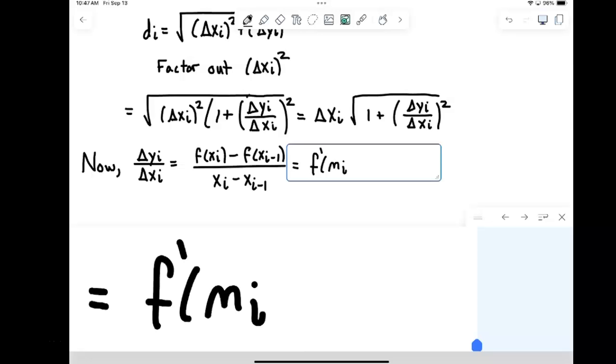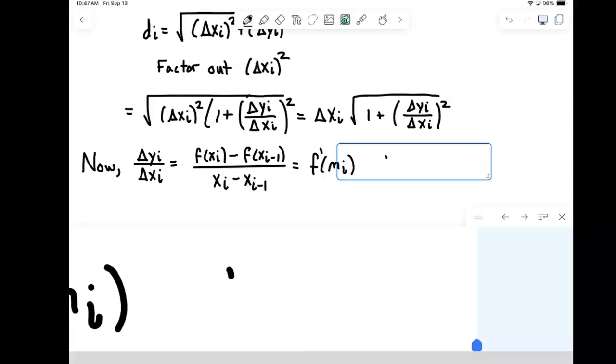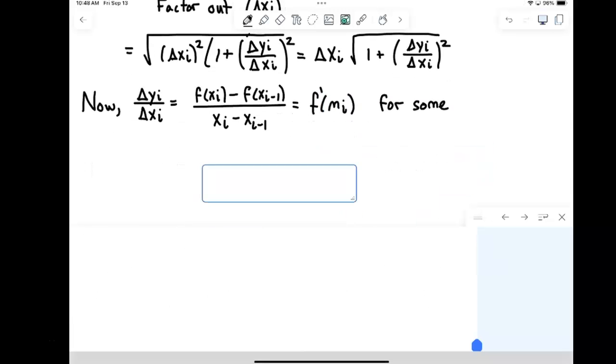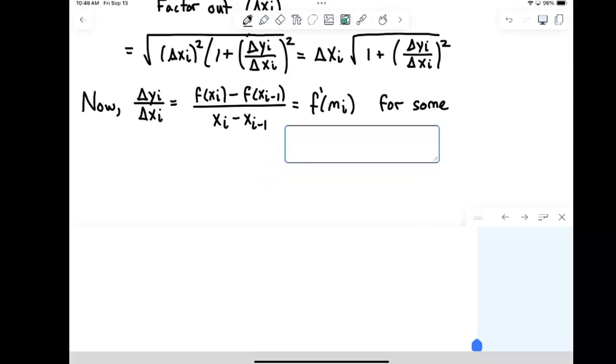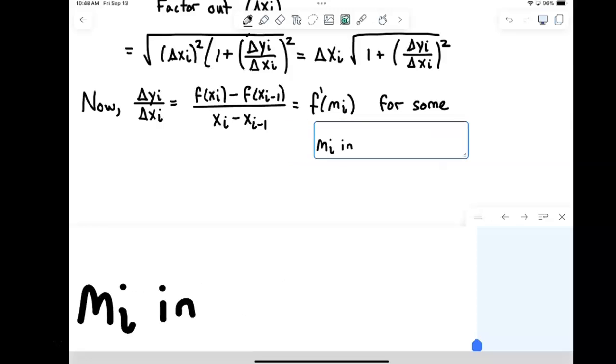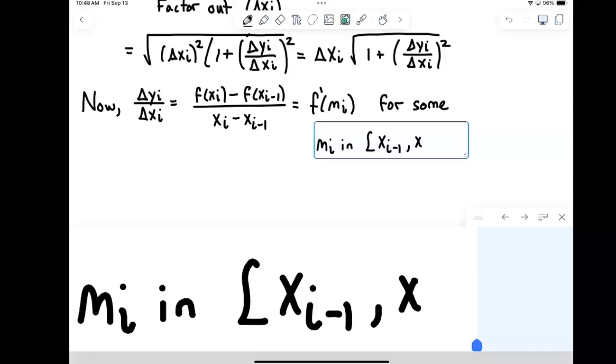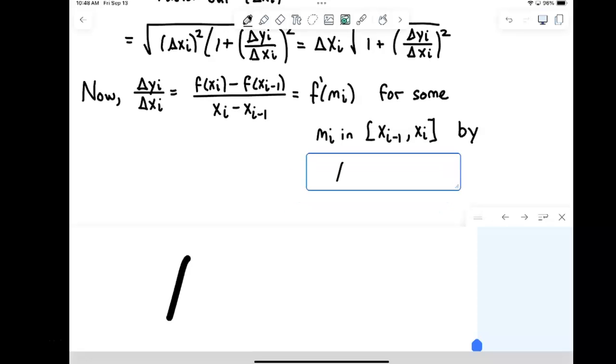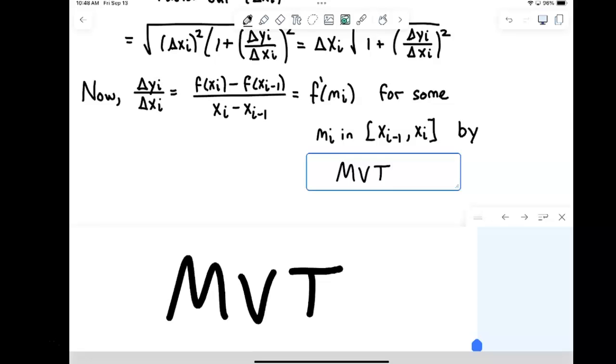So we're going to call that f prime of mi for some mi in the interval x sub i minus 1 to x sub i. And that is by the mean value theorem.